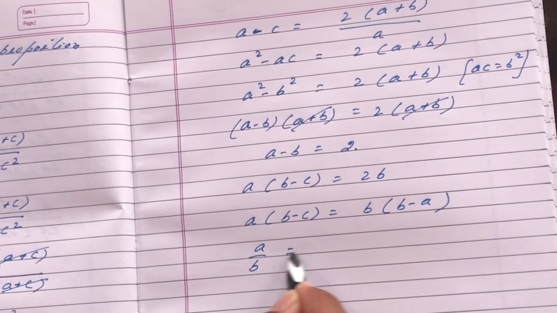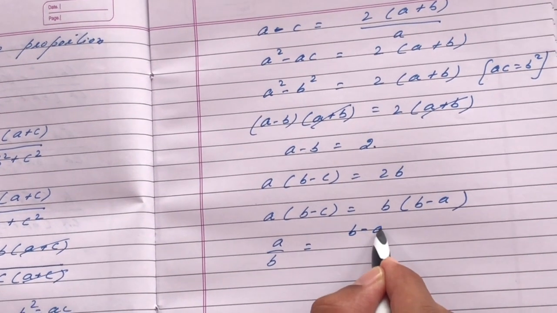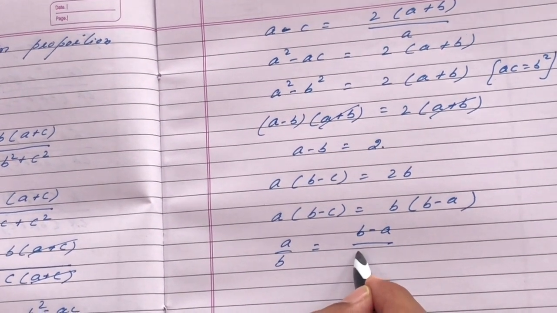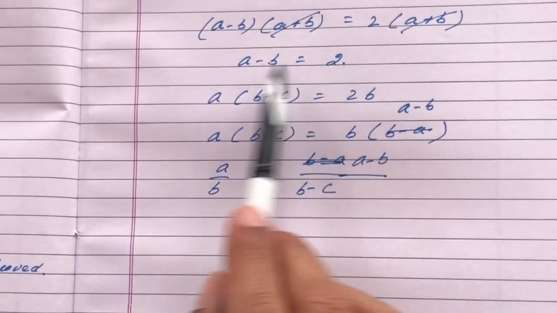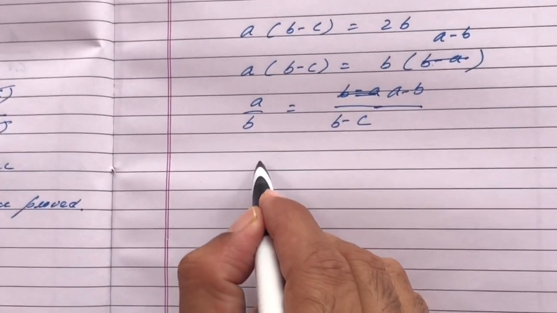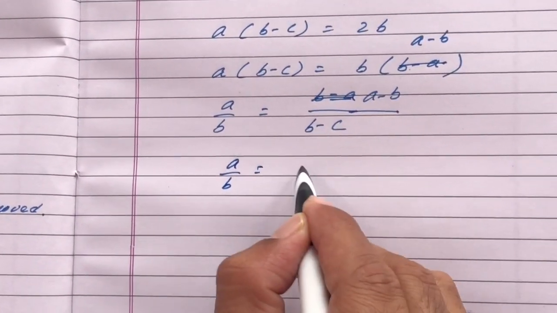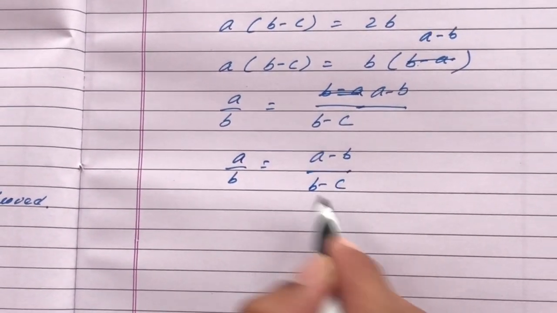A upon B is equal to A minus B upon B minus C. The value of 2 is A minus B, not B minus A. So A upon B I write again is equal to A minus B upon B minus C. I cross multiply.